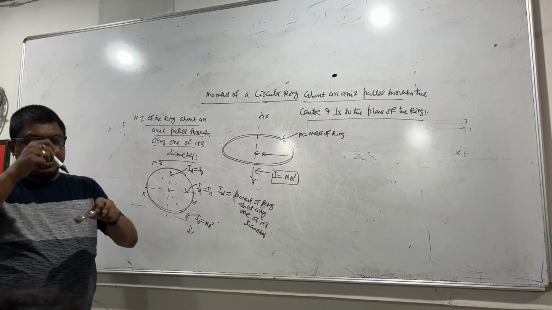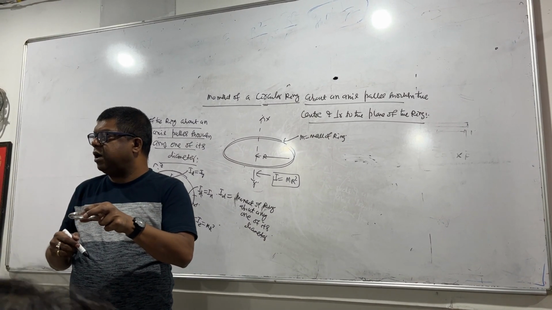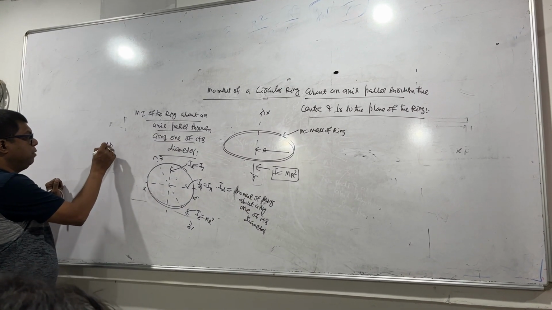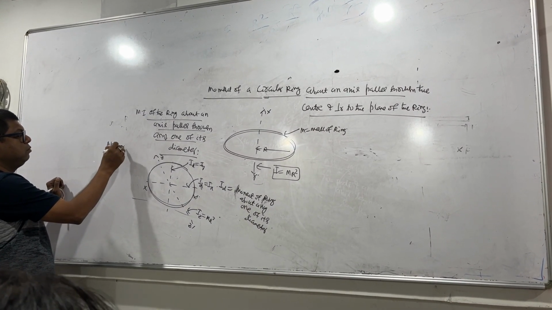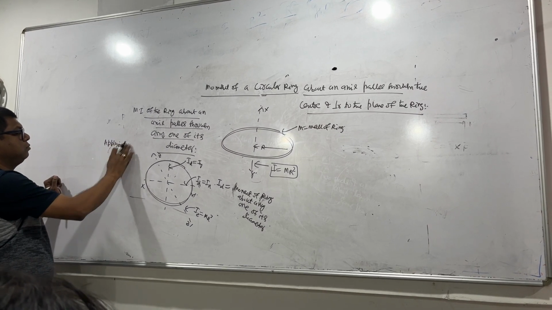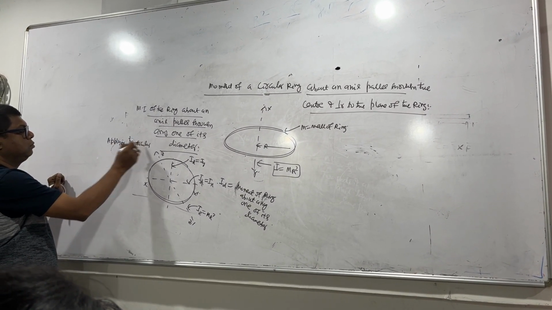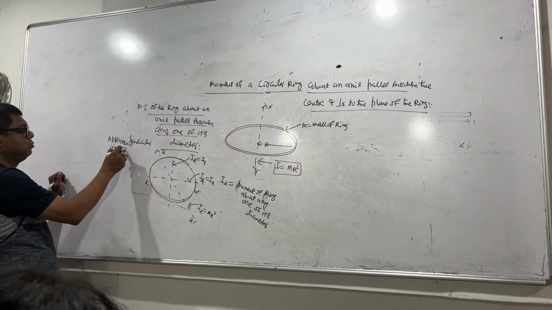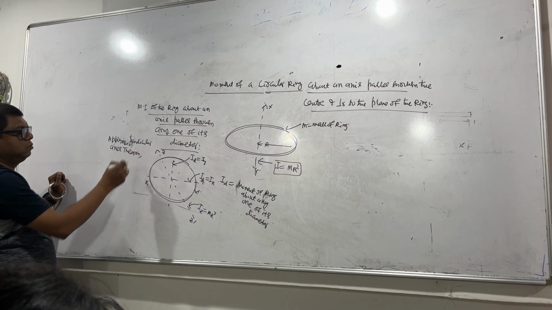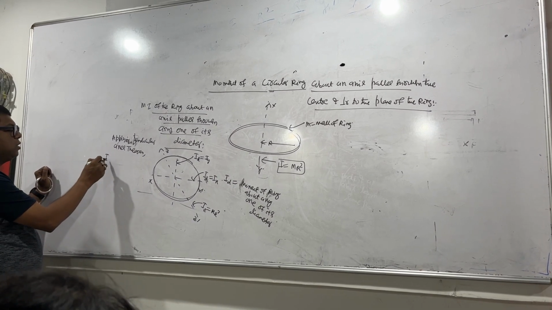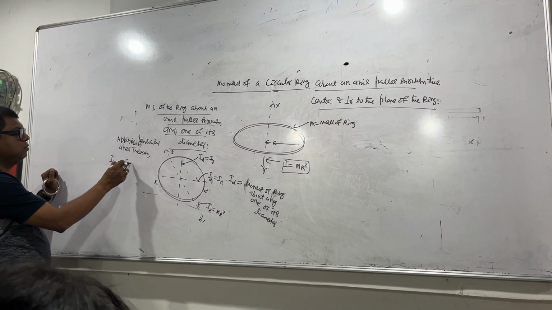So this is Iz, this is Ix and Iy, applying the perpendicular axis theorem, that is Iz is equal to Ix plus Iy.